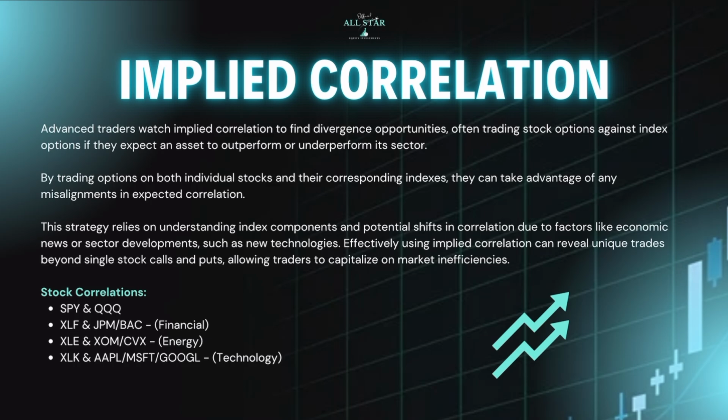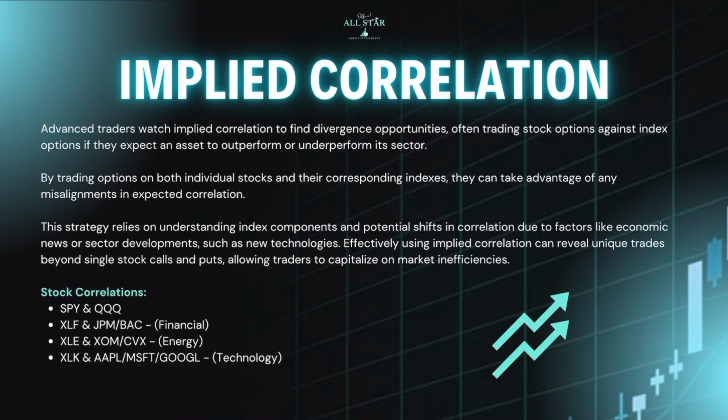But because this approach requires understanding of the components of an index and the factors that could lead to shifts in correlation, this can be attributed to economic news or sector-specific developments like emerging technology, for example. It is worth mentioning that the skilled use of implied correlation can reveal distinct trades that go beyond straightforward calls and puts on single stocks. And this just offers a more sophisticated way to benefit from market inefficiencies.